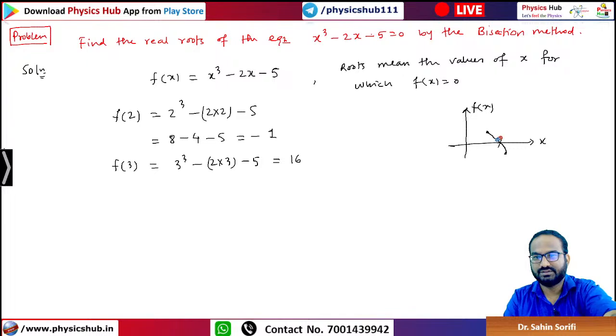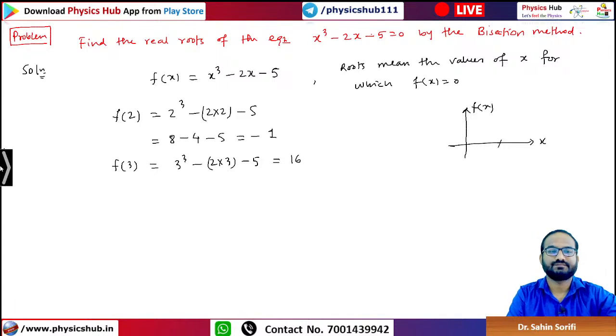So the situation is like this. Let's say this value is x equals to 2, this value is, let's say, x equals to 3. Here the function value is negative, and the function value is positive here.